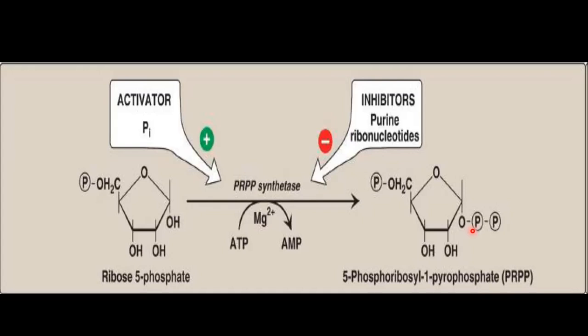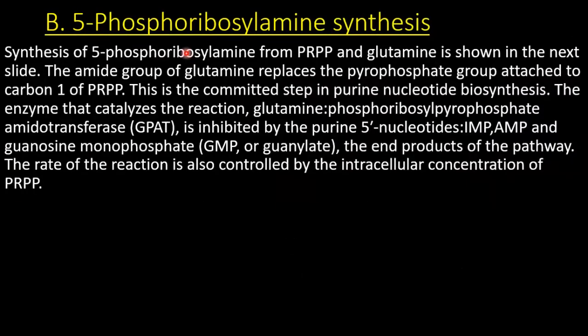Now, you can see it is activated by inorganic phosphate, inhibited by the purine ribonucleotides, the AMP and GMP. Now, this is the committed step in purine nucleotide biosynthesis.